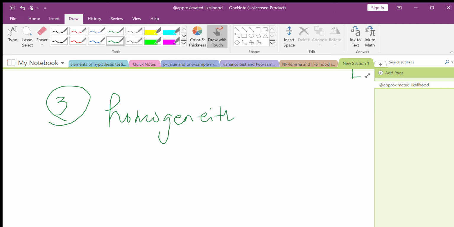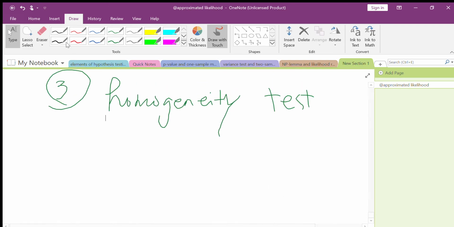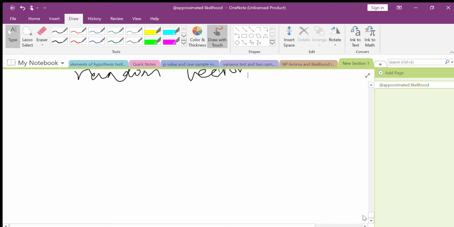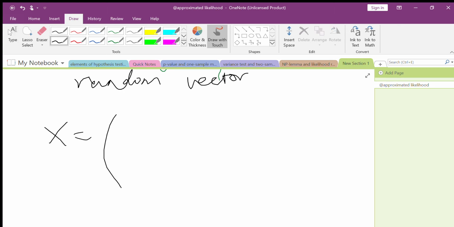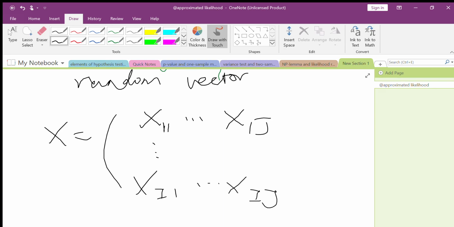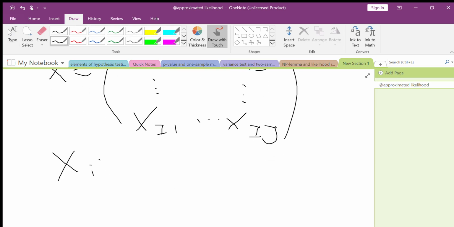For the homogeneity test, we also have the random vector sample X, with data x11, x1j, xi1, up to capital IJ, and the entry of this long vector is denoted as capital Xij, i from 1 to capital I, j from 1 to capital J.